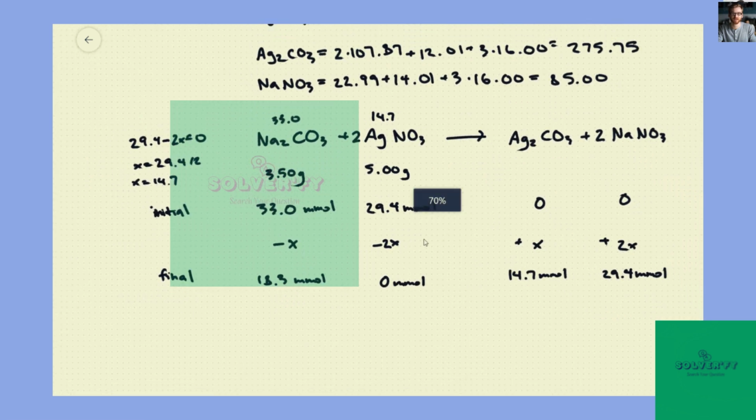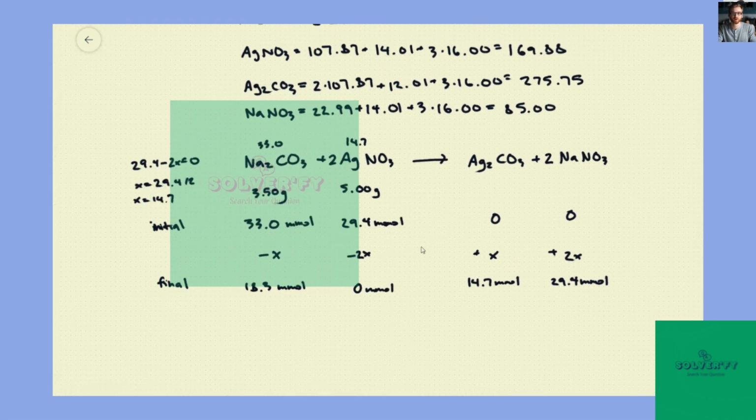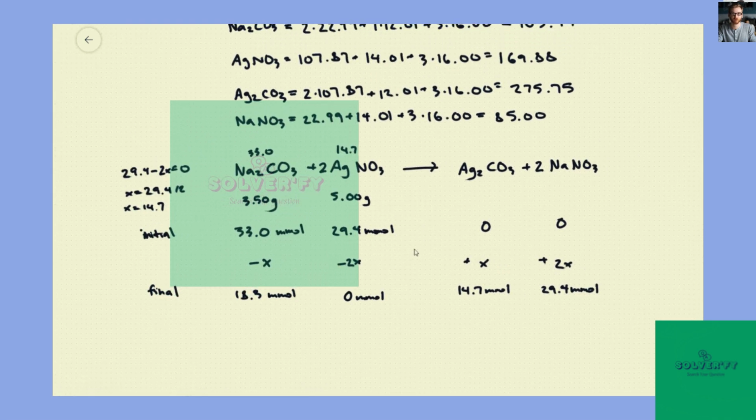And now all that's left to do is convert this into grams. We can start with the easy one. This is 0 grams. 18.3 millimoles. So don't forget to multiply 18.3 times 10 to the negative 3 times the molar mass of sodium carbonate, 105.99.